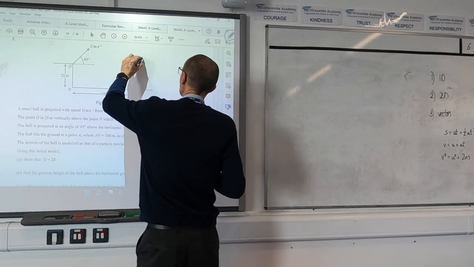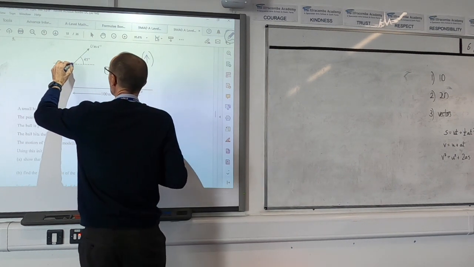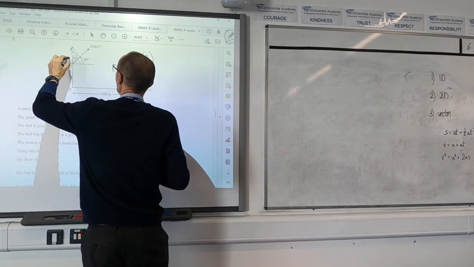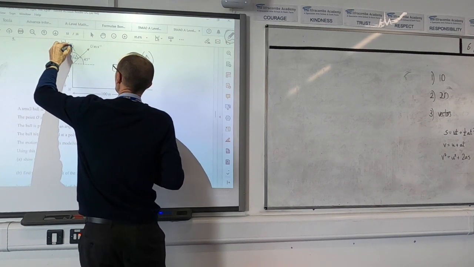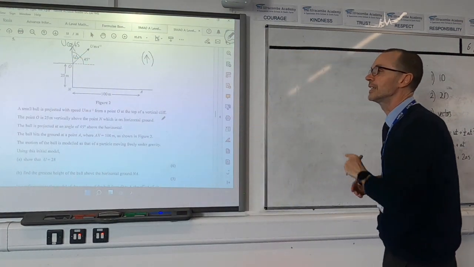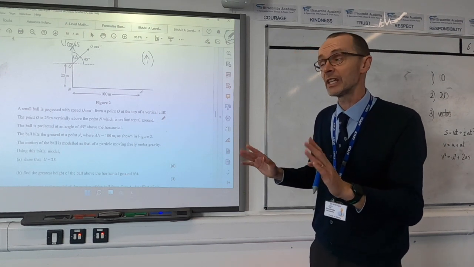So we can think vertically, and the vertical component of that speed, well, I know that angle is 45, so that's u cos 45. So that's its vertical velocity. And I can do Suvat vertically.